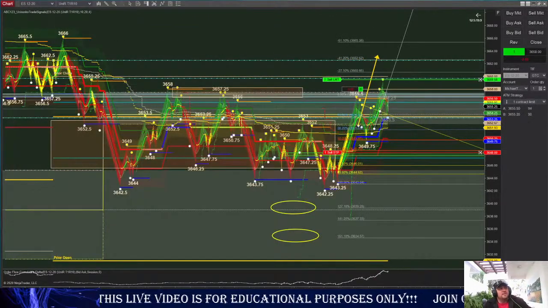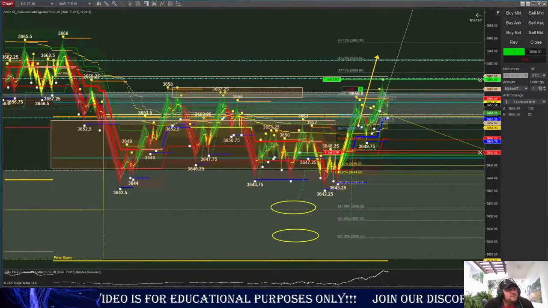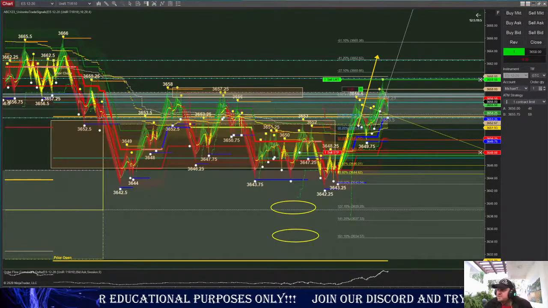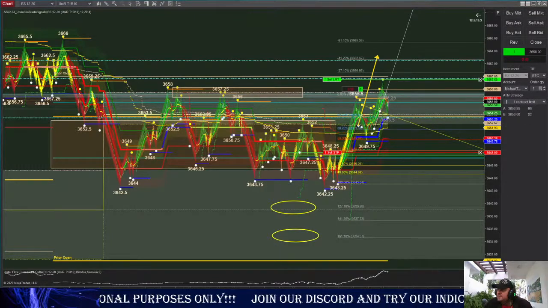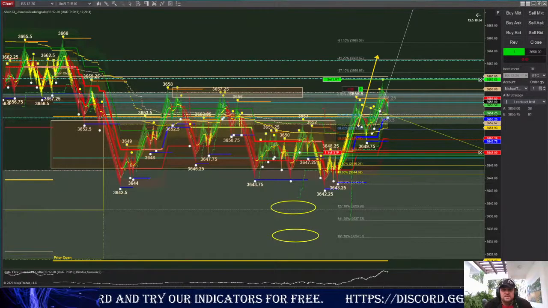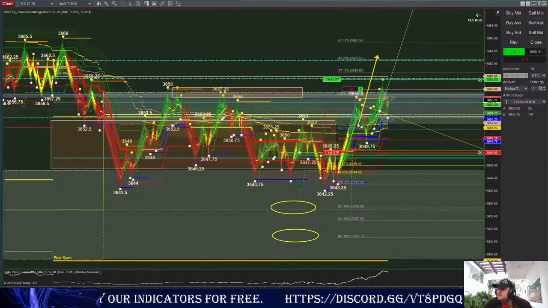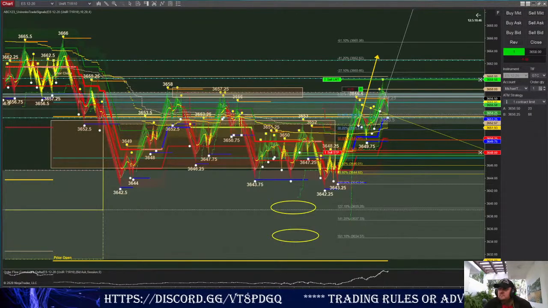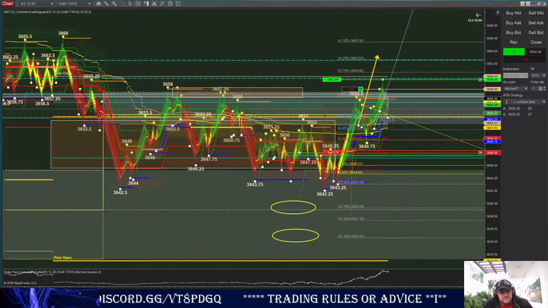Market isn't moving today though. We'll see what they do here. They got to break that 70% zone for the next pop, and then go from there. The market's only moving, what is it, a point and a quarter right now. Let's see what the simulation says.